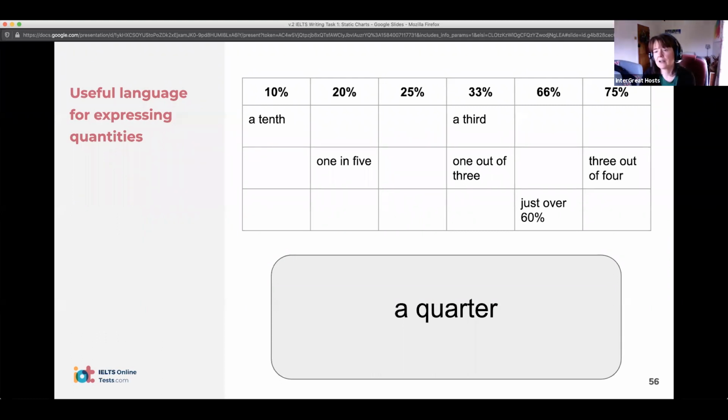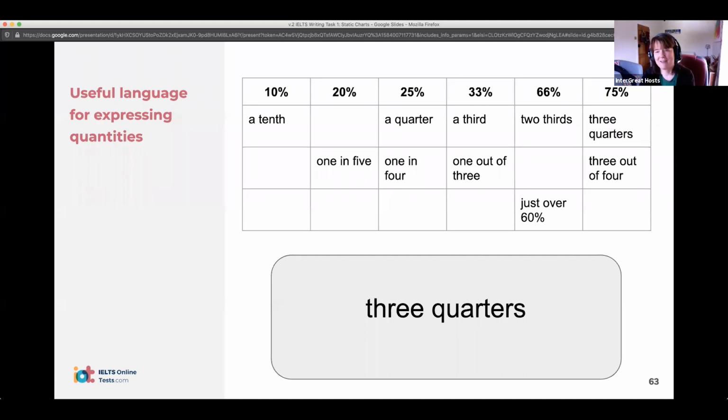A quarter. Okay, very good. Also be careful with the spelling of a quarter. 2/3. Very good, exactly 66%. 1 in 4. Okay, very good, 25%. 3/4. Okay, very good. 2 out of 3. Yeah, 66%. A fifth. Okay, very good, 20%. Just over 30%. Okay, very good. And 1 in 10.